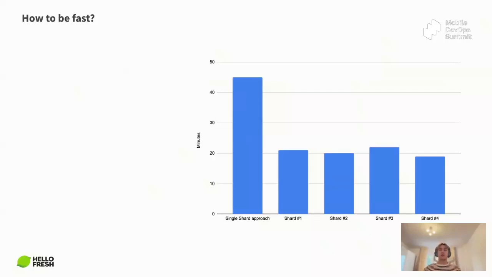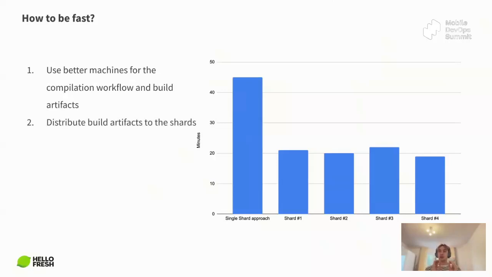Of course, it depends on the workload of your CI. But usually, the main idea of how to speed up your build is this. The first step, when you're actually building, use the most advanced machines you have to build the actual app faster. After that, distribute these build artifacts to the different builds. And when you will be testing, usually the UI tests step, you can use cheaper machines for that.